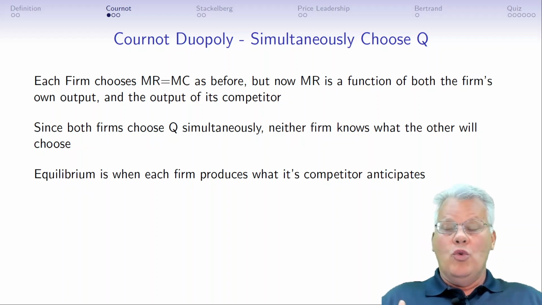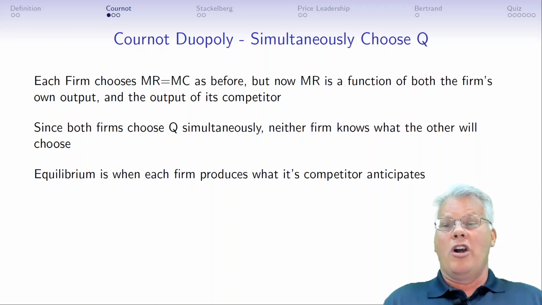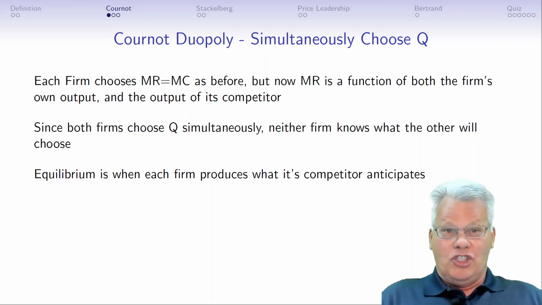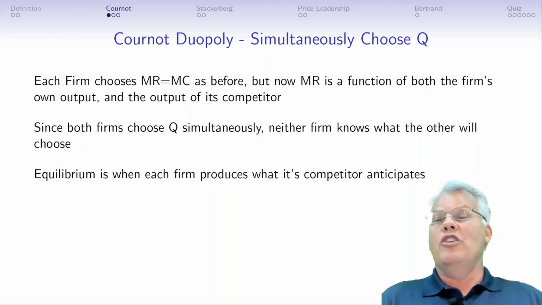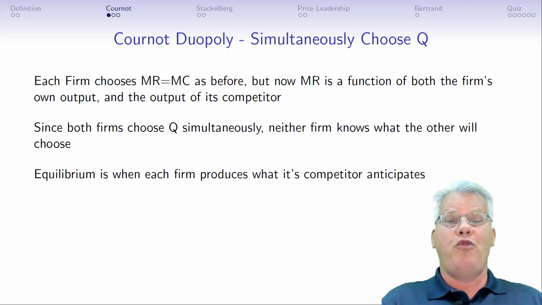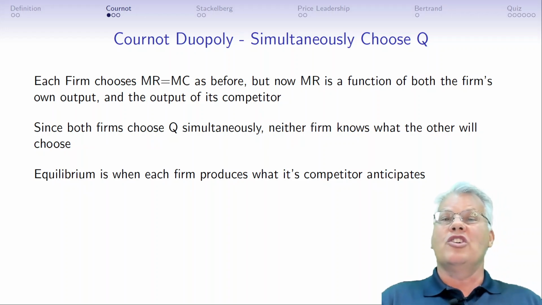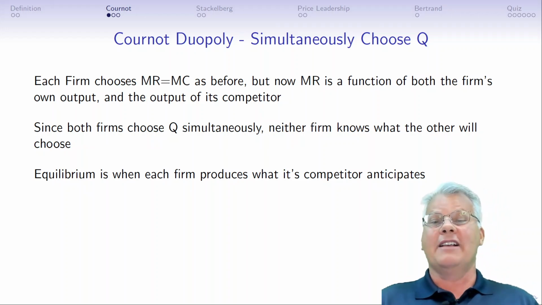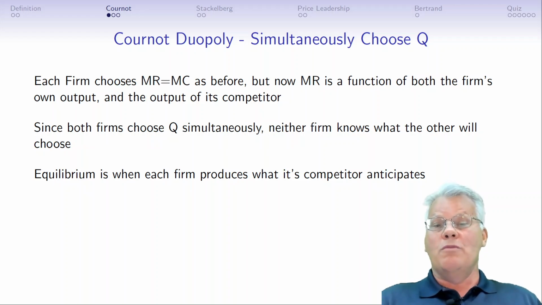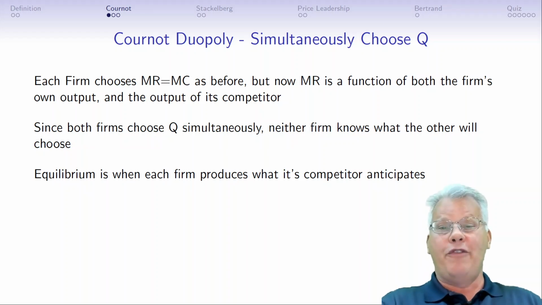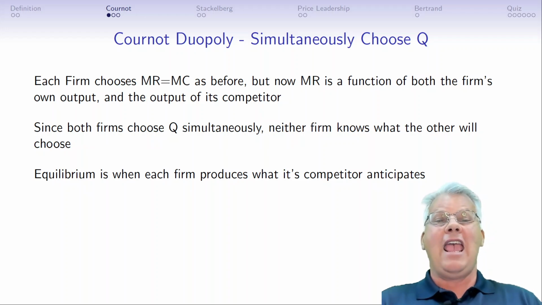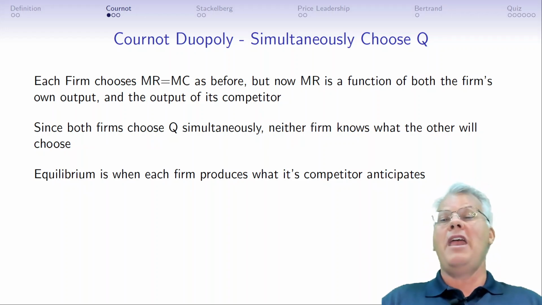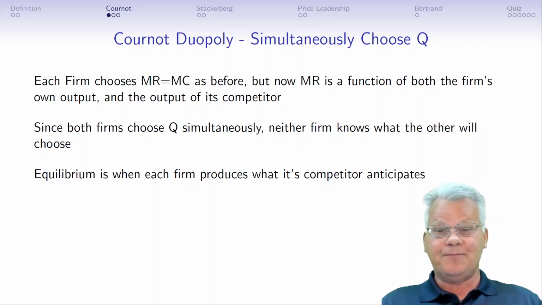So to compute equilibrium in this type of market, each firm chooses its output level where marginal revenue is equal to marginal cost as before, but now marginal revenue is going to be just a little bit more complex. Marginal revenue, which remember is the revenue the firm gets from selling one more unit of output, now depends upon both the output that the firm itself makes and the output that its competitor chooses to produce.